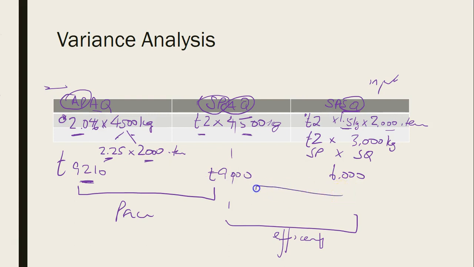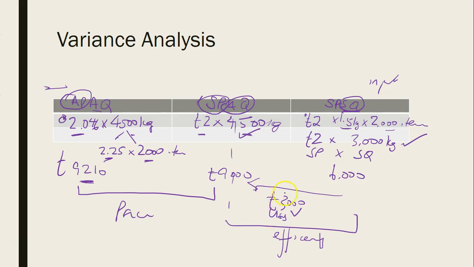This is bad, of course, because we thought you'd use 6,000. I mean, you can see it. 3,000 kilograms versus 4,500 kilograms is ridiculous. So you will have a 3,000 pound variance, of course, first, in terms of inefficient variance, in terms of usage.